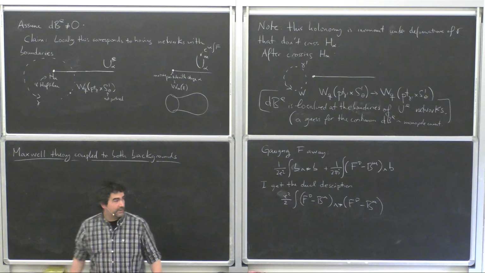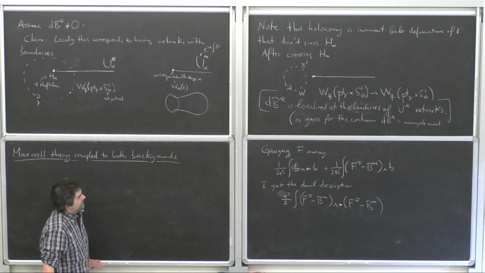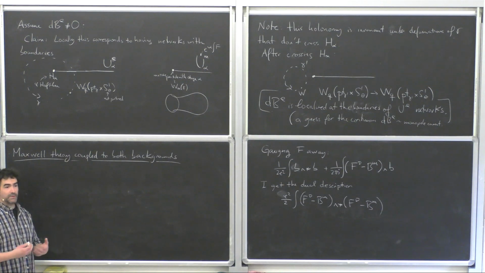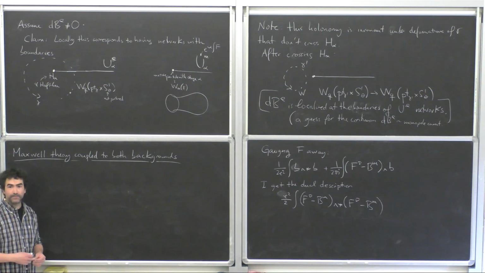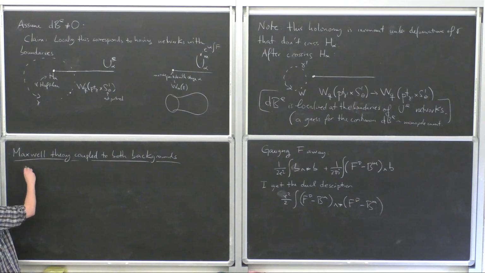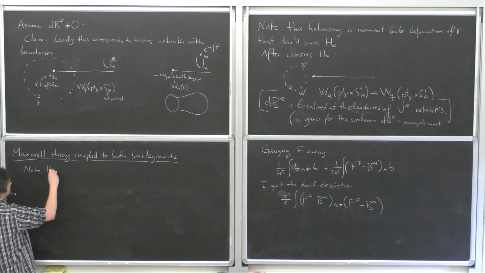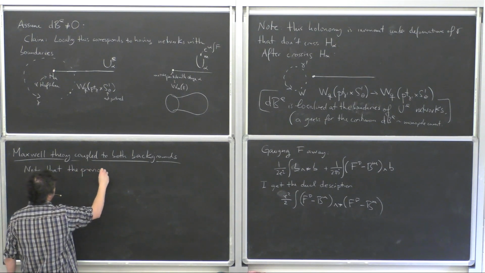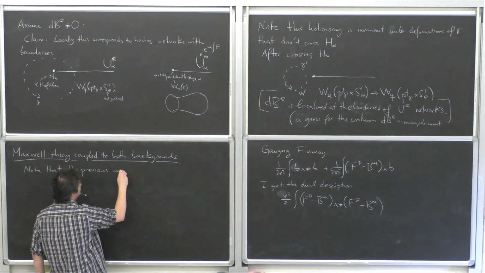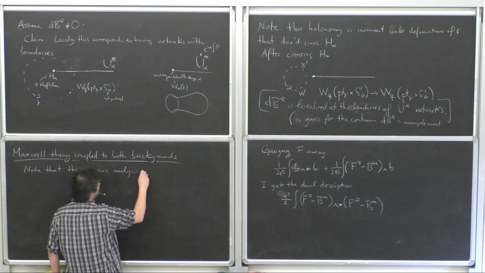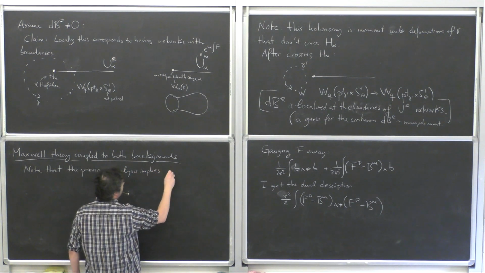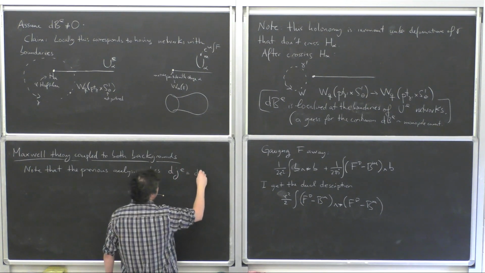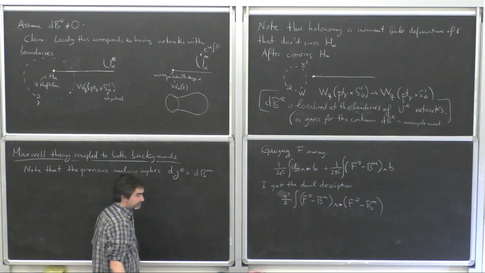So at a very basic level, what an anomaly is that if you turn on some backgrounds for a symmetry, some symmetry is not conserved anymore. So note that this all implies that dJ electric is dB_m magnetic.